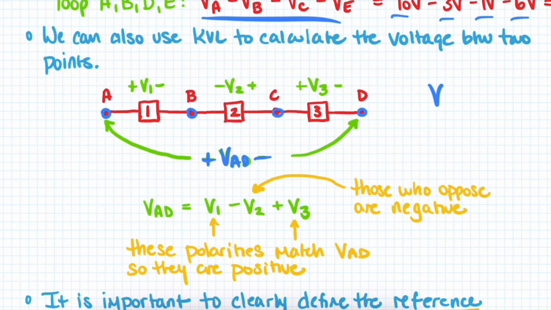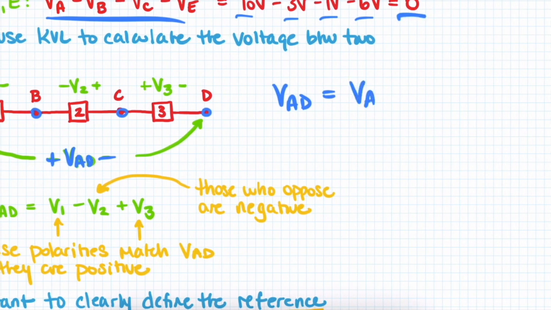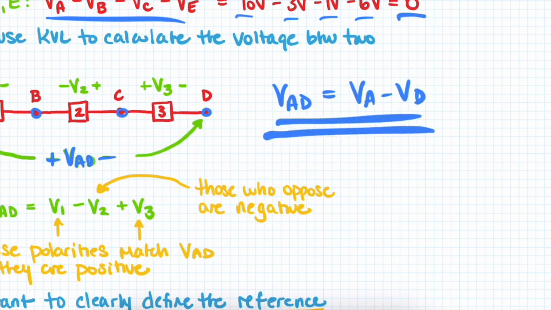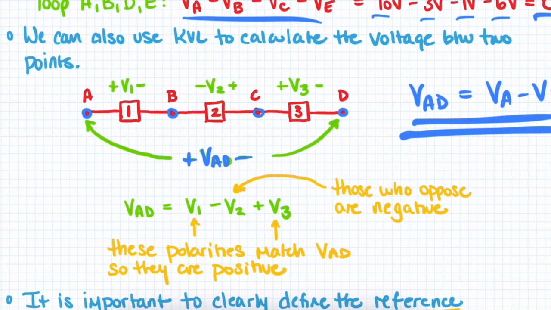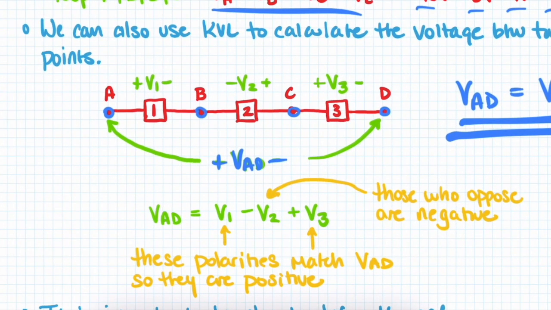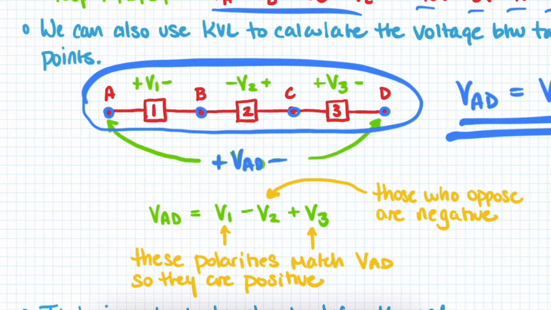When I say VAD, that essentially means VA minus VD, or the voltage between those 2 points. Okay, so going back to this now. What is VAD? So VAD is the sum of the voltages in between those 2 points.